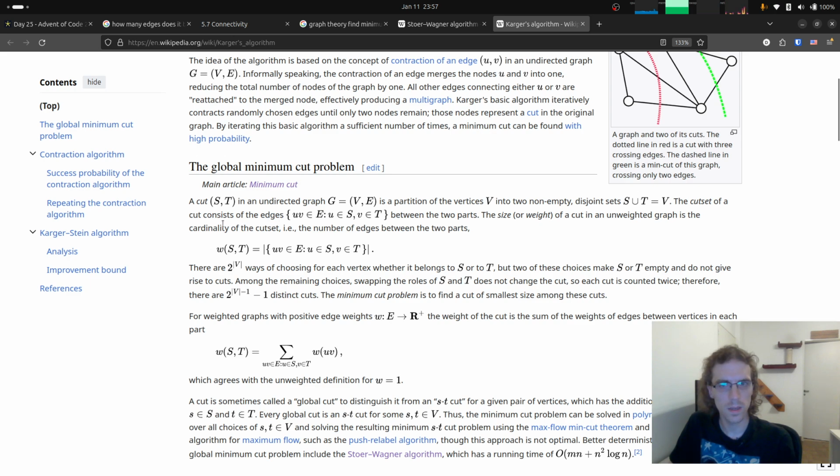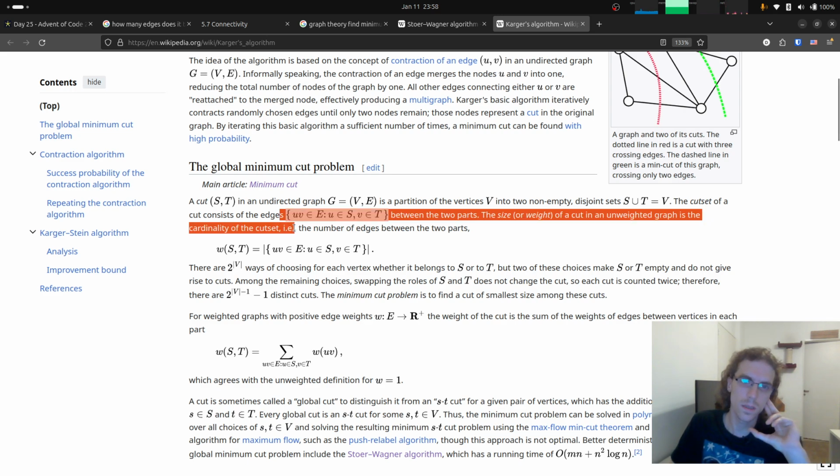The cut set of a cut consists of the edges, yeah, okay, where U and V. Okay, yeah. This is very math nomenclature, like the edges UV belonging to the edge set, where U belongs to S and V belongs to T. Okay. Size, weight of a cut. In an unweighted graph is the cardinality of the cut set. Yes, okay.